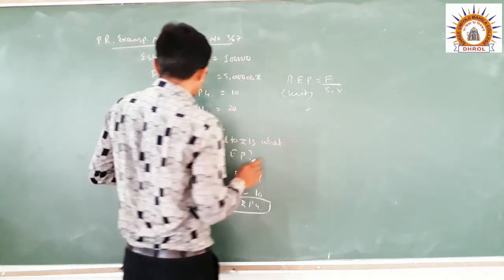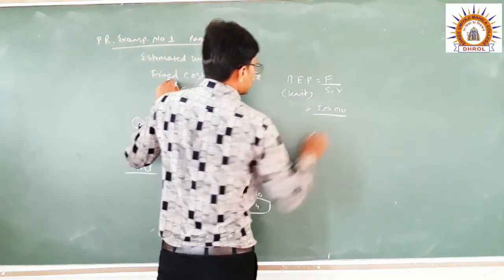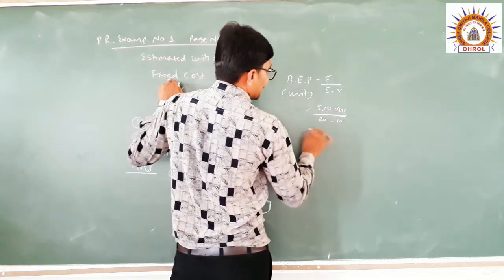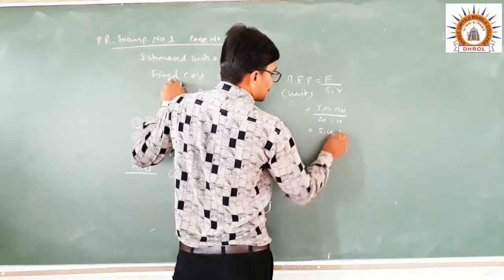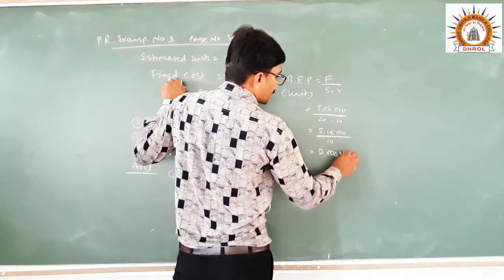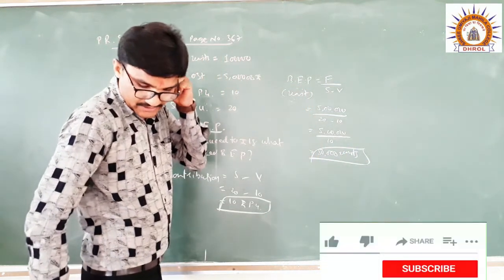F is given, fixed expense 5 lakhs rupees, and S minus V, that is 20 minus 10, means C. So 5 lakhs divided by 10, so 50,000 units is your break-even point in units.